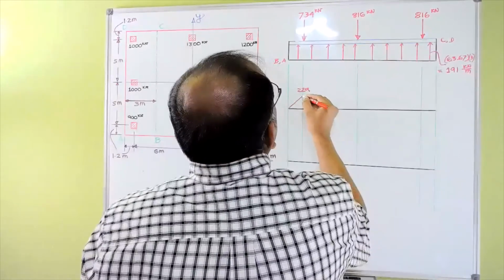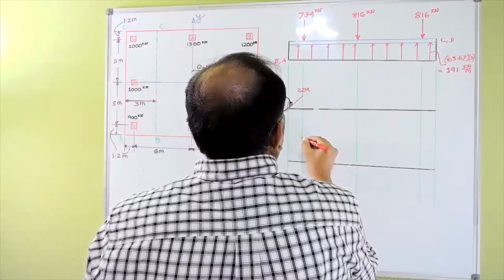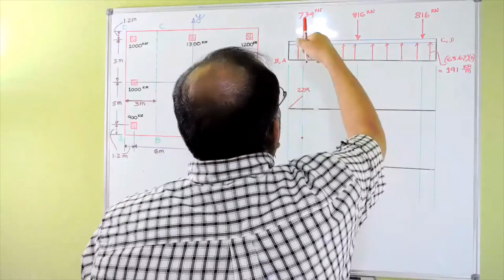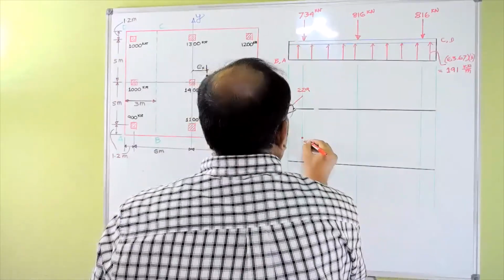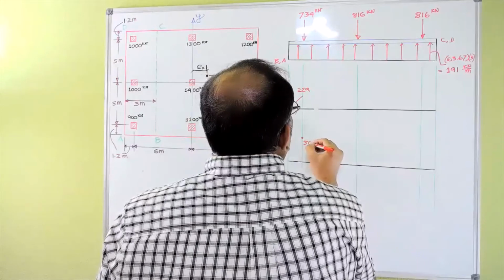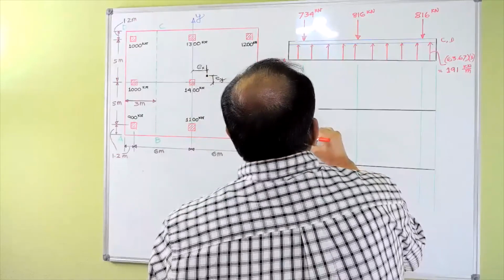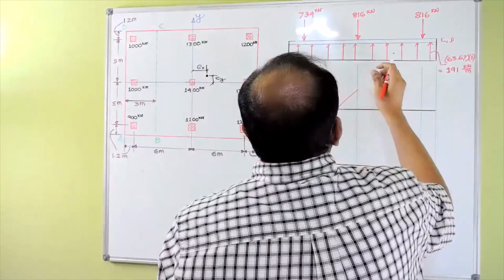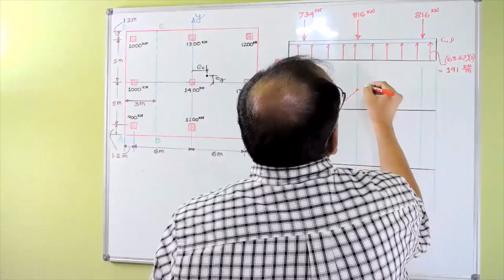Then there is a big jump here, 734 jump going down. So this one is 505. Then this one is going to go like this. And this one is actually 450.